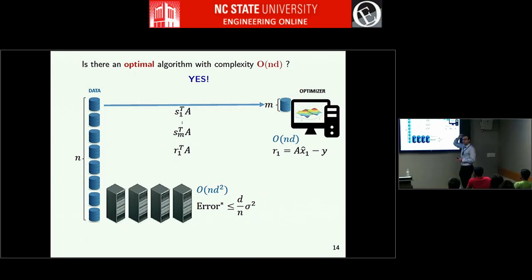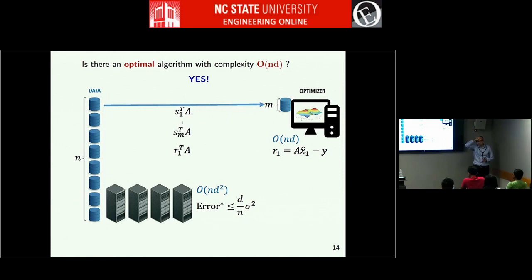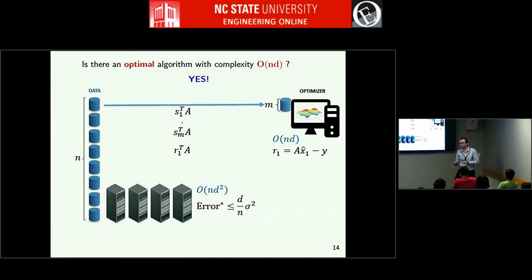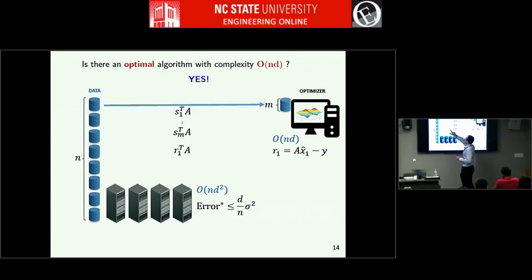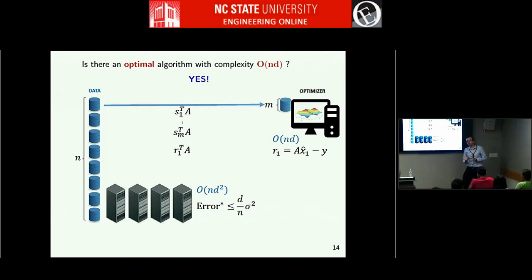form the residual, which is A times the previous estimate minus Y, because the residual will tell you where the uncertainty is. And next time you don't multiply with something random, you multiply with the residual, because it will look for the part of A which is uncertain, right?